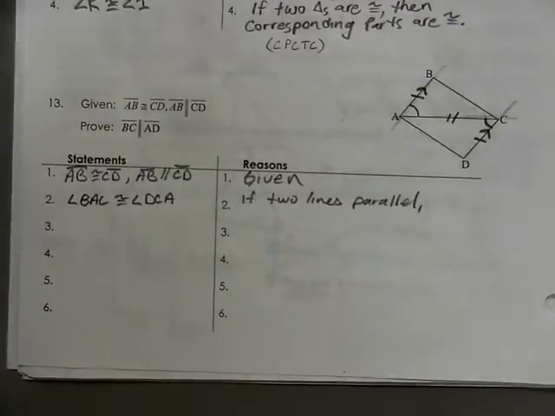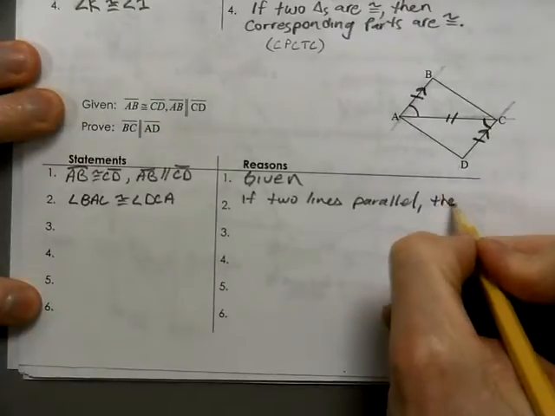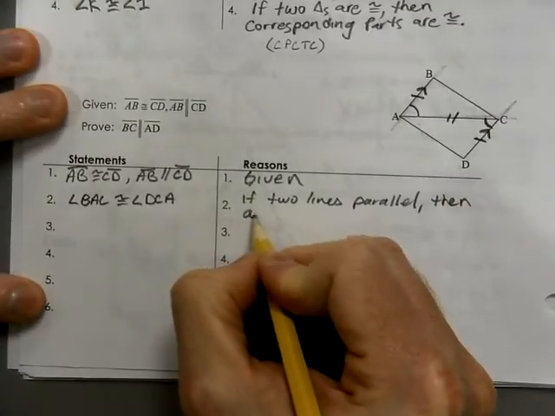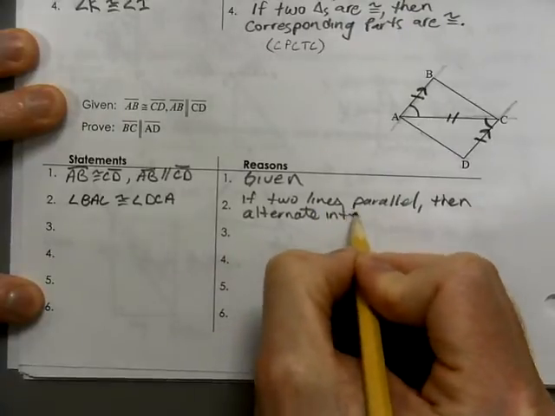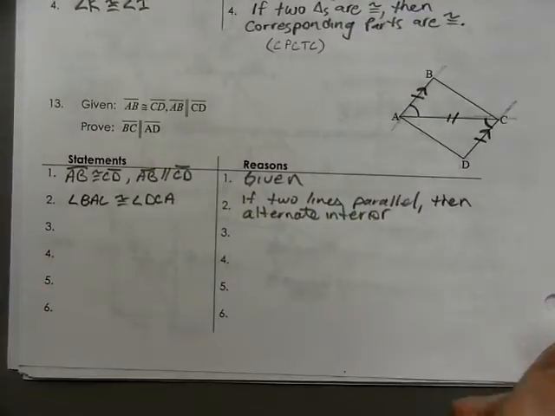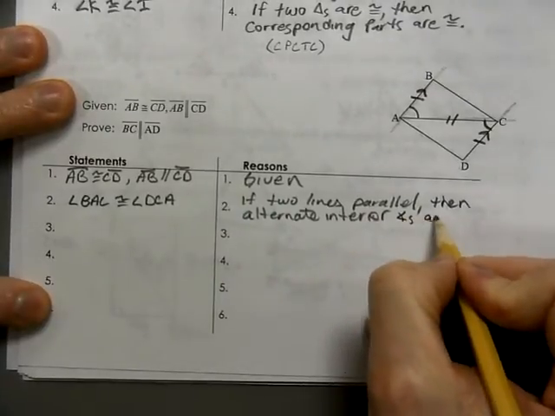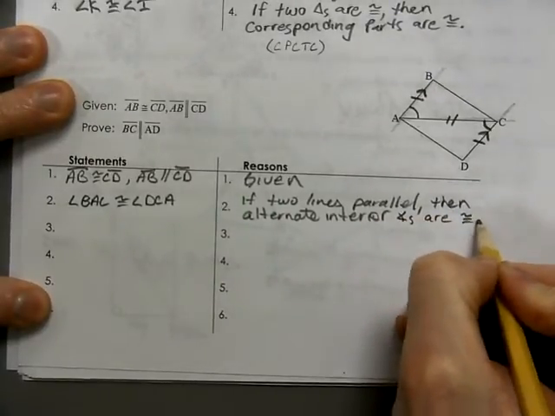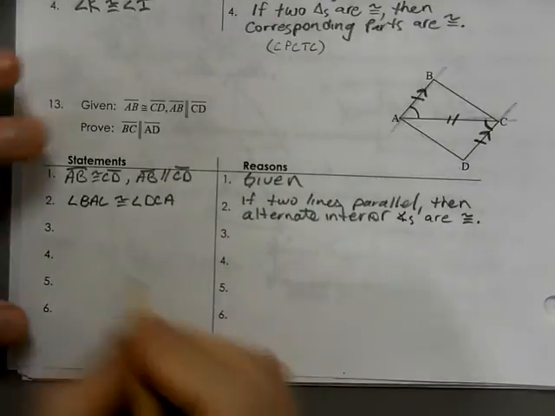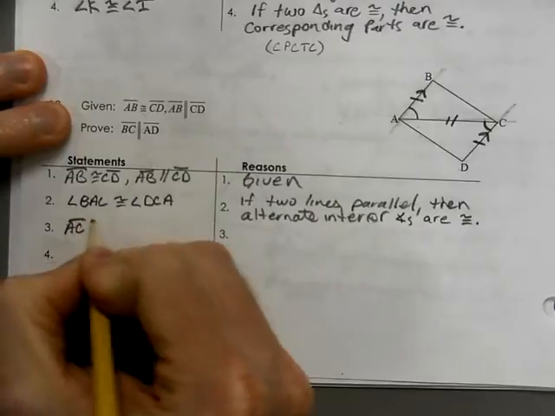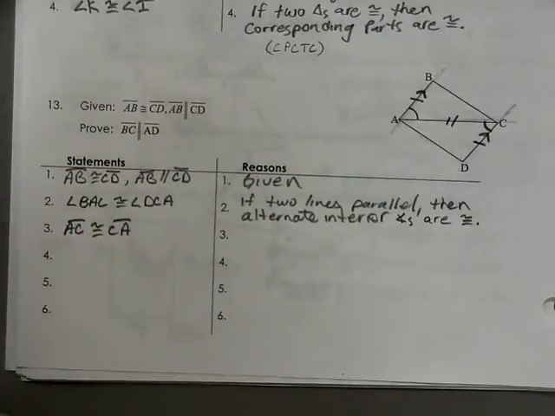What am I saying right now? Then alternate interior, you have to use the name alternate interior, angles are congruent. Then of course I have my reflexive property, and we switch the letters because they're going backwards.